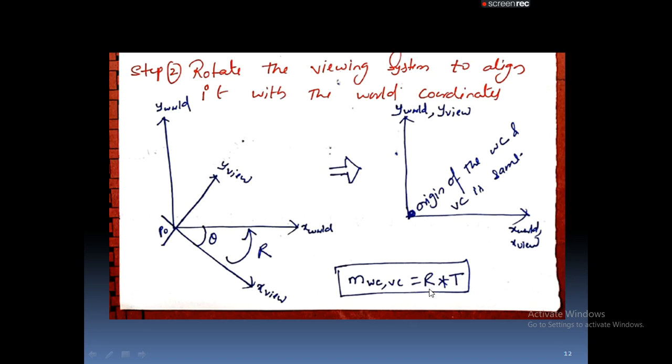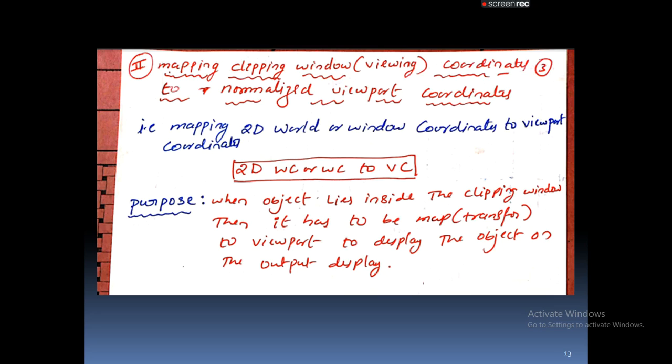So the multiplication of rotation and translation creates the composite matrix for mapping world coordinate to viewing coordinate. Please remember this is the matrix we need whenever we want to map world coordinate to viewing coordinate. We need two operations: one is called translation and the other is called rotation. So these are the two steps we are using.